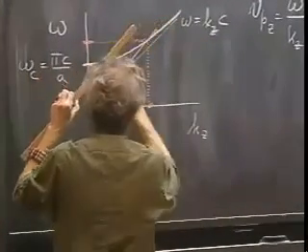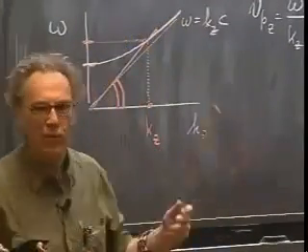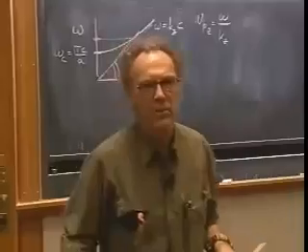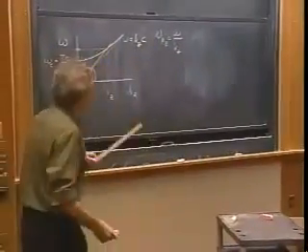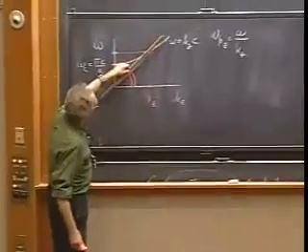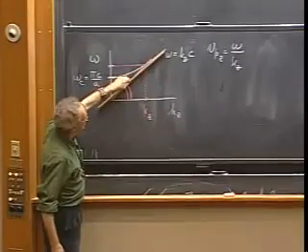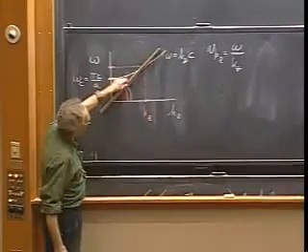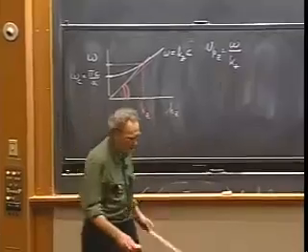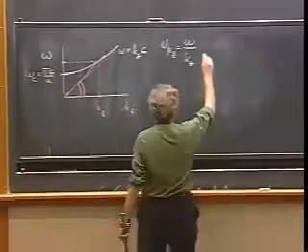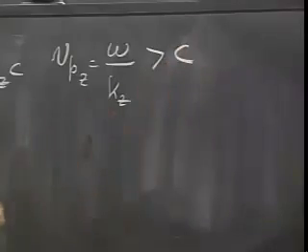And so this angle is an indication for the ratio omega divided by kz. Which is larger, this angle is higher than this one. And this was c, remember? And so you see that that value is always larger than c. You can just see that by looking at the graph.